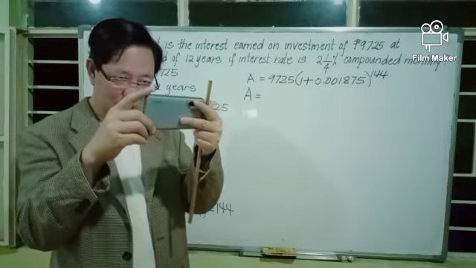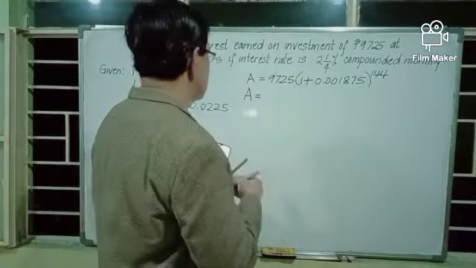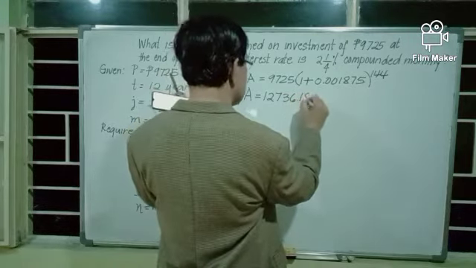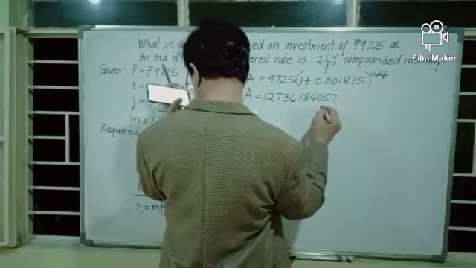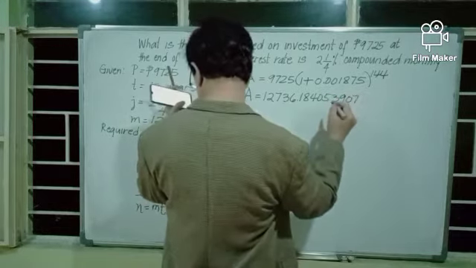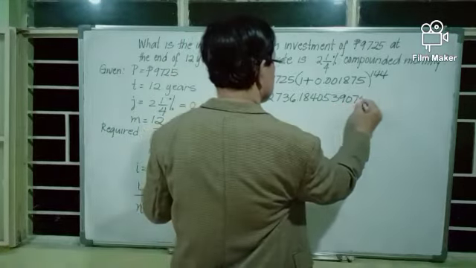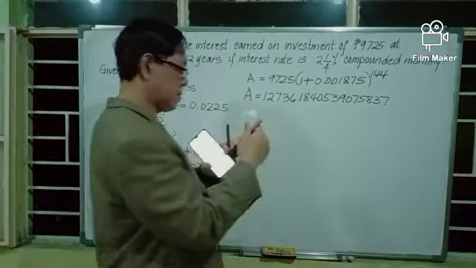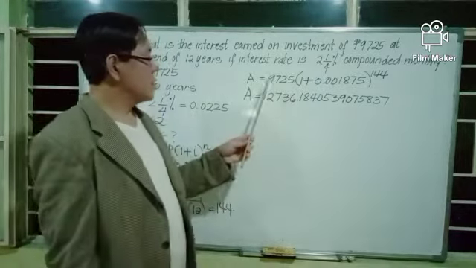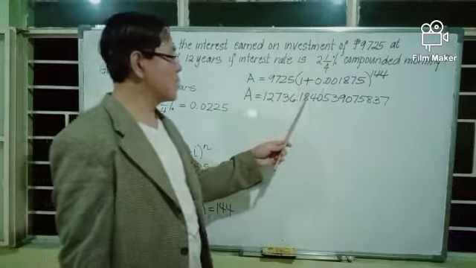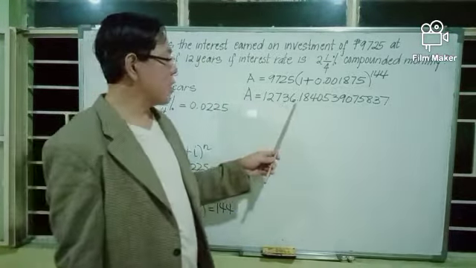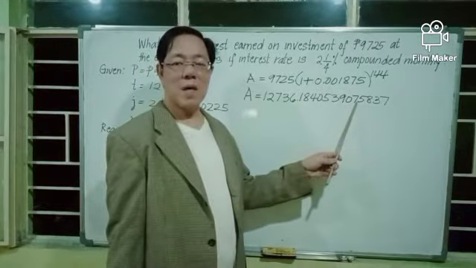And you should get 12,736. Using your calculator, 9725 times quantity 1 plus 0.001875 to the power 144, you should get 12,736.184053907583 7.